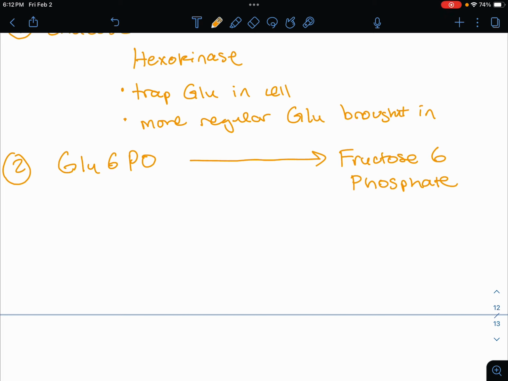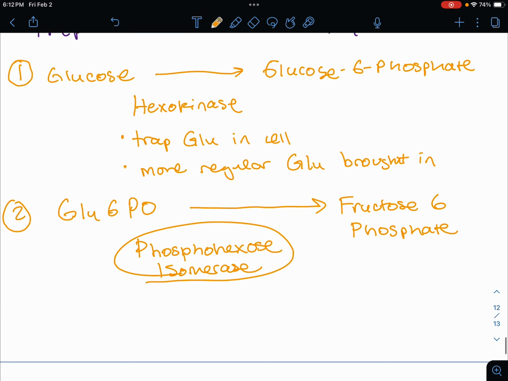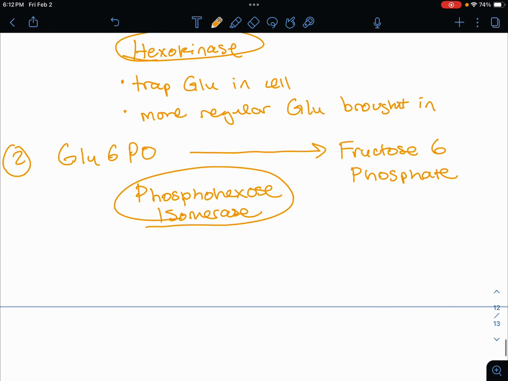Fructose is a ketose. We're going to be using phosphohexose isomerase. That's the enzyme. I'm going to probably circle the enzyme. So glucose 6-phosphate to fructose 6-phosphate, we're going to be using phosphohexose isomerase.